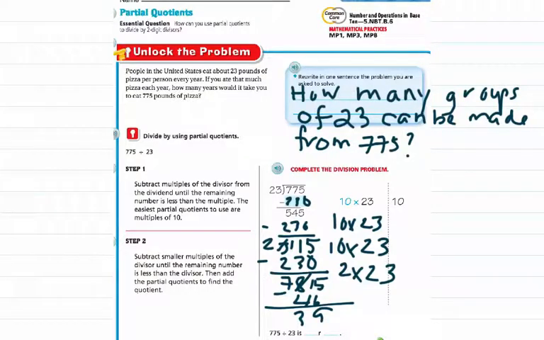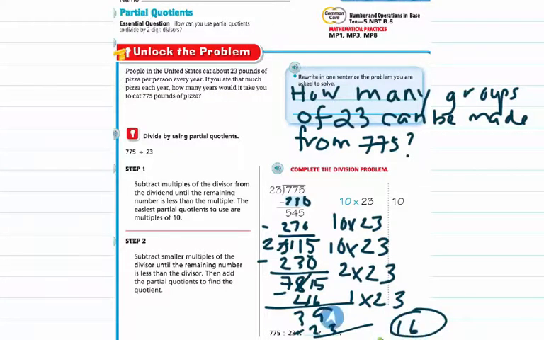Again, we check. 39 is greater than 23, so we can use another multiple. However, the last multiple of 23, 2, is too large. So let's use the first multiple of 23, which is 23 times 1. 23 times 1 is 23, and now we subtract. 39 minus 23 is 16.